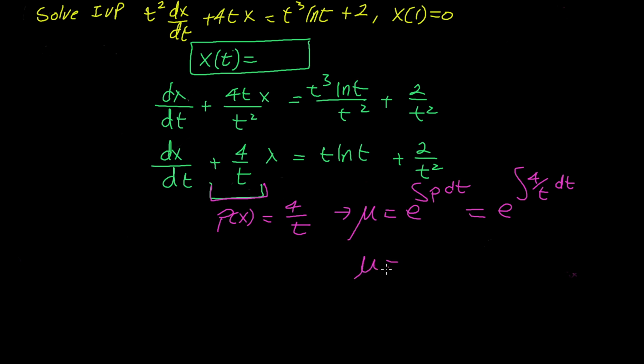And here the idea is that you have a 4 and a 4, so we've done this now a few times, and that's going to give you this, and these two will cancel, and you get mu to be t to the power 4.